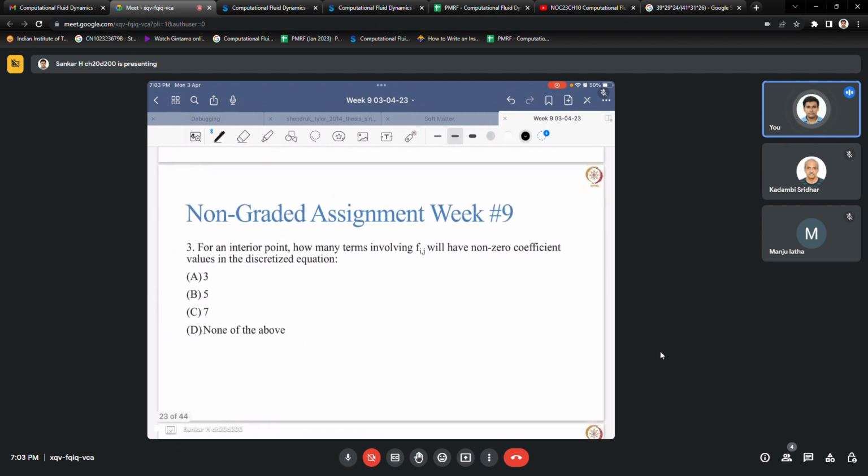Moving on to the next question, for an interior point which does not consider, as stated here, does not consider boundary points, let's say, how do I phrase it? Does not consider boundary points. Interior is all non-boundary points, no?